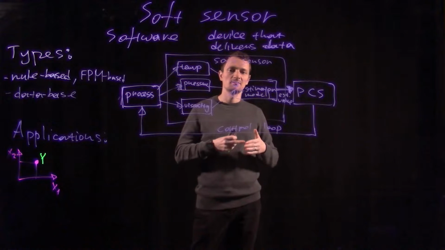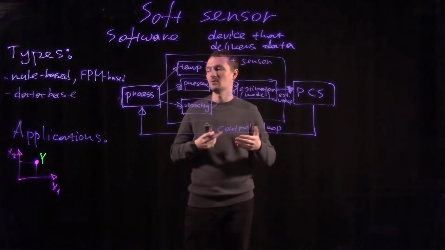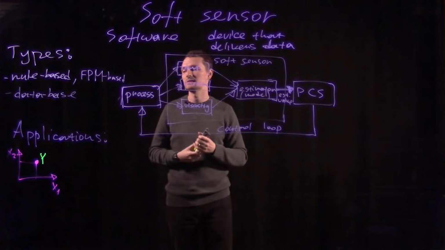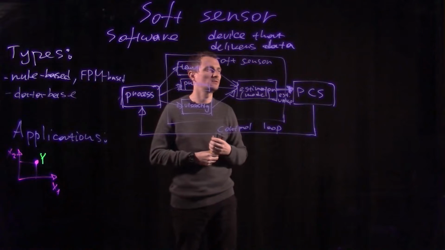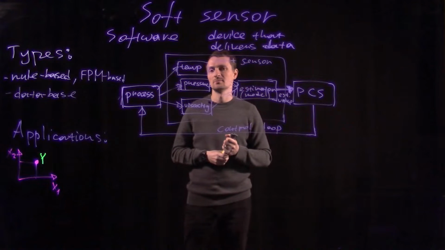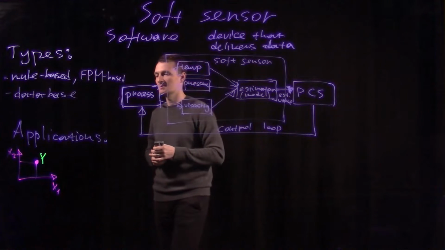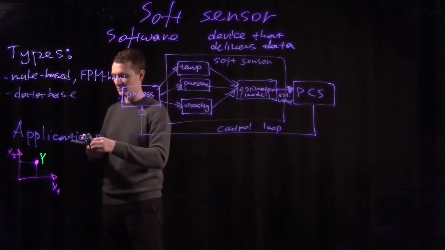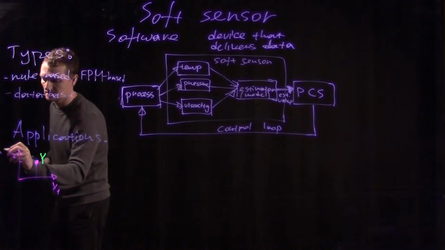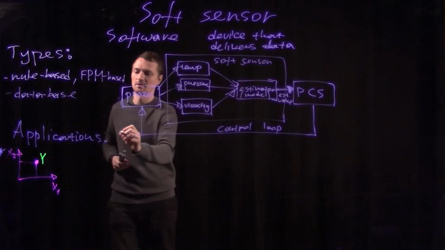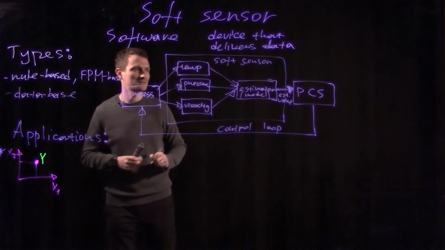You cannot measure it very frequently, although you would like to have it very frequently, for example, for process monitoring and optimization. And it might be very costly to measure certain parameters. That's why we would like to build a model, and this model can replace your real sensors. So you basically can have some sort of a replacement for your real measurements.